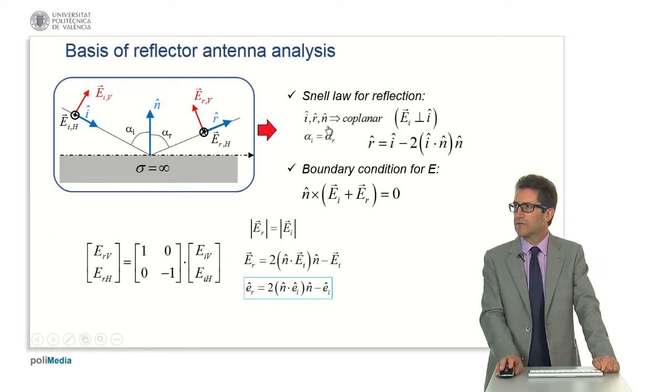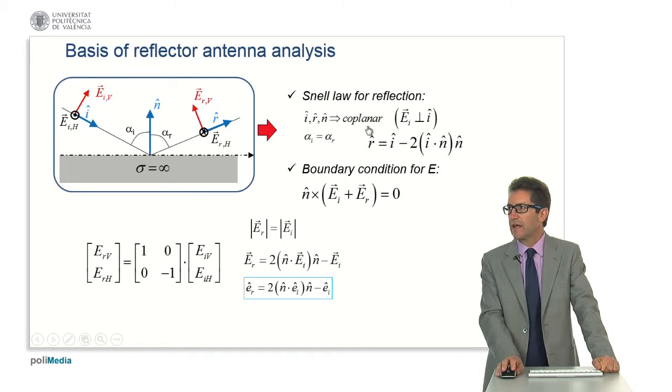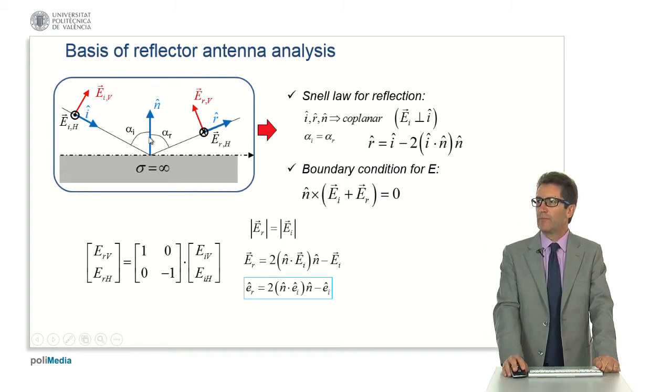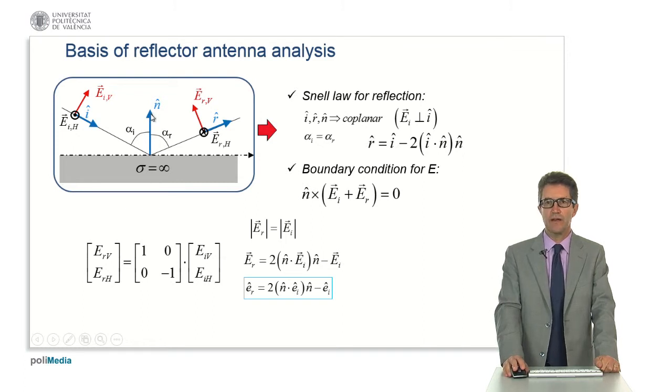According to the Snell law for reflection, both angles of incidence and reflection with respect to the normal direction have to be the same, and from that we obtain the reflected direction in this way.